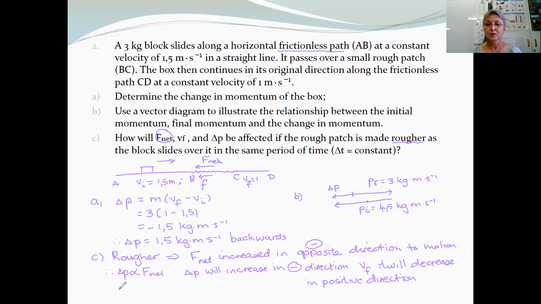Right, so because the net force is in the opposite direction to motion, the final velocity will decrease even though the delta P increases in the negative direction.